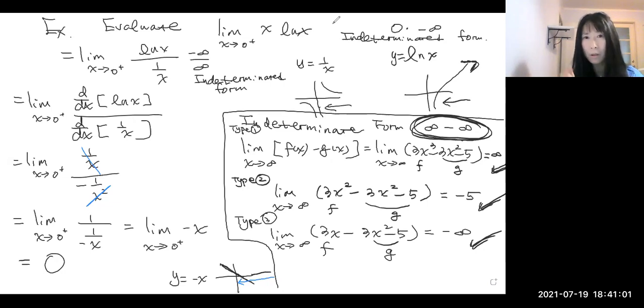Okay. So type number 1, f of x approaches infinity faster. But type number 3, g of x approaches infinity faster than f. Well, it's a subtraction, right? So we have a negative. So x approaches positive infinity, but with a negative sign there. So it's negative infinity.